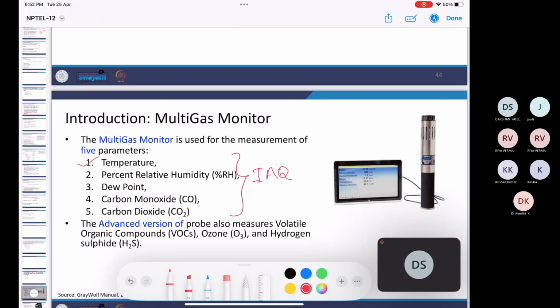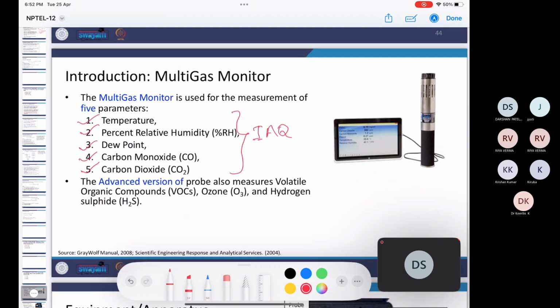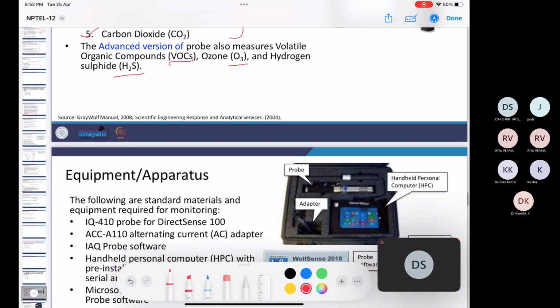First is temperature, then percent relative humidity, then dew point, then carbon monoxide and carbon dioxide. So these 5 parameters can be measured by using your multi-gas monitor. And if we have the advanced version of the probe, then it can also measure VOCs, ozone, and hydrogen sulfide, H2S.